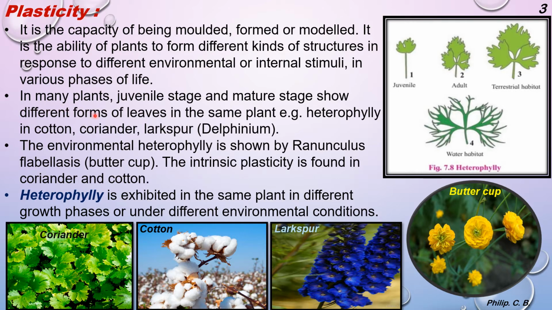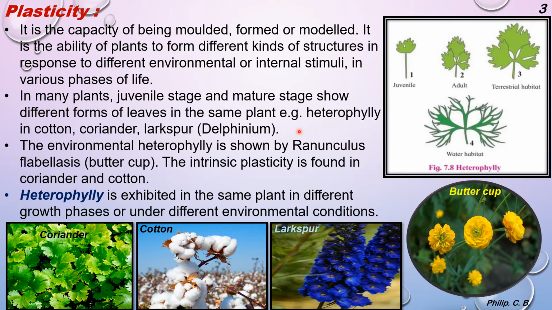Further, in many plants, the juvenile stage and mature stage show different forms of leaves in the same plant. Example, heterophylly in cotton, coriander, larkspur, that is delphinium. Now, when you say juvenile stage, this is the initial stage of the plant.